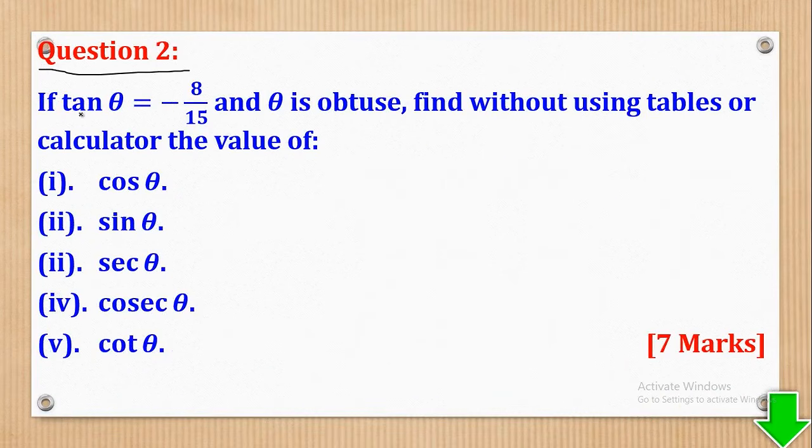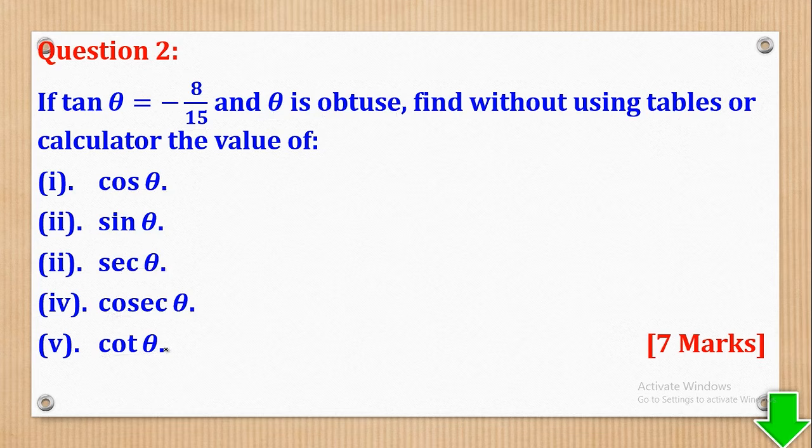Question 2 says, if tan theta is equal to negative 8 over 15, so know that there is a negative here, and theta is obtuse, find, without using tables or calculators, the value of cos theta, sin theta, sec theta, cosec theta, and cot theta.